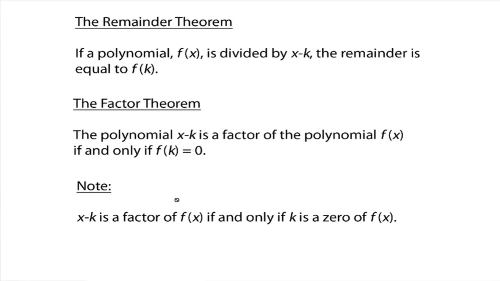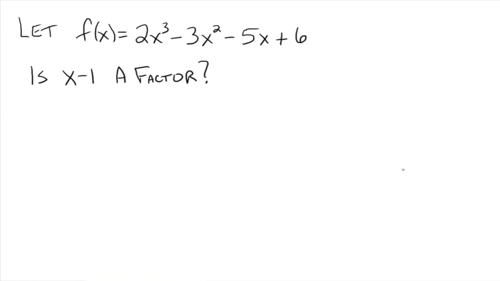So, enough of the theory stuff. Let's do an example. Let f of x be 2x cubed minus 3x squared minus 5x plus 6. The question is, is x minus 1 a factor? Well, one way to do it would be to find f of 1, because your k value here is 1. What's f of 1?